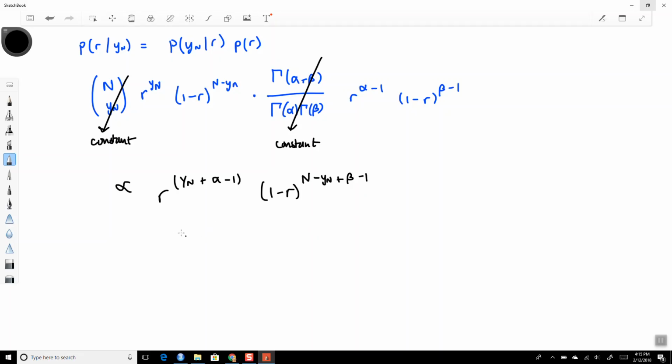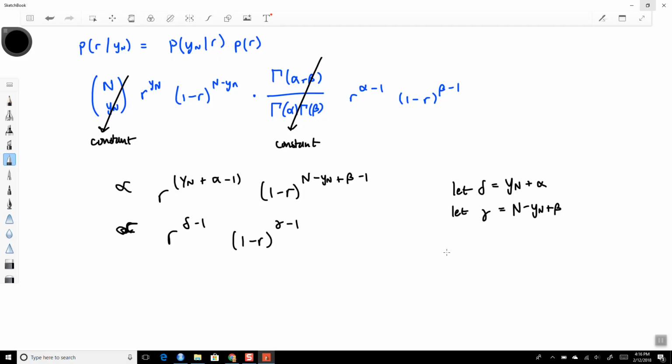And then the textbook says let little delta equal y sub n plus alpha, and let little gamma equal n minus y sub n plus beta. Then this reduces to being proportional to r to the delta minus 1 times 1 minus r to the gamma minus 1.